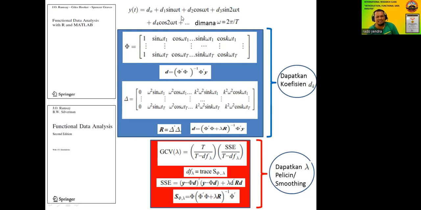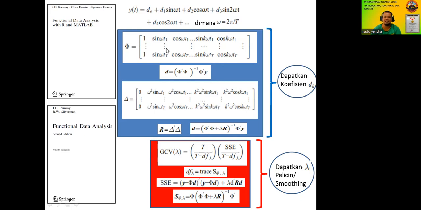Like in linear regression, the main issue in this Fourier series is that we find or produce the values for the constant and the coefficients. We use the matrix Phi.